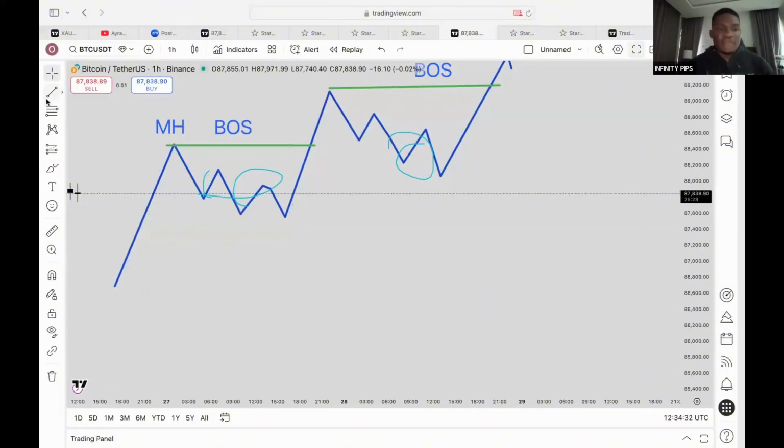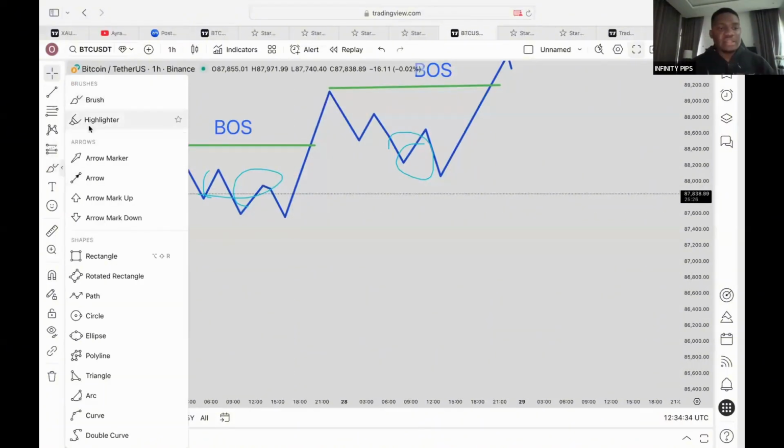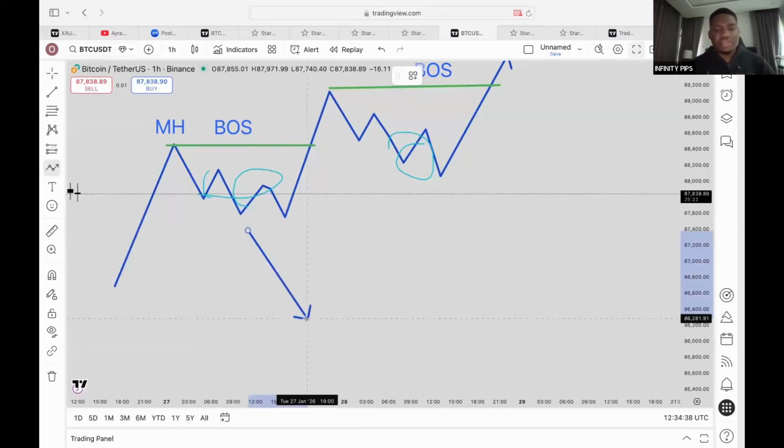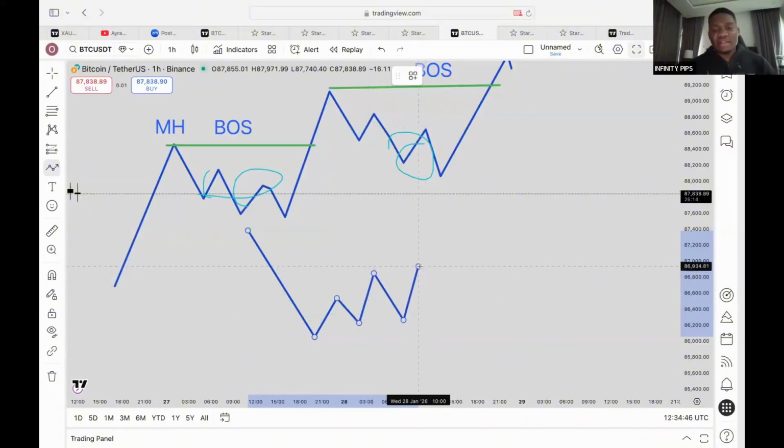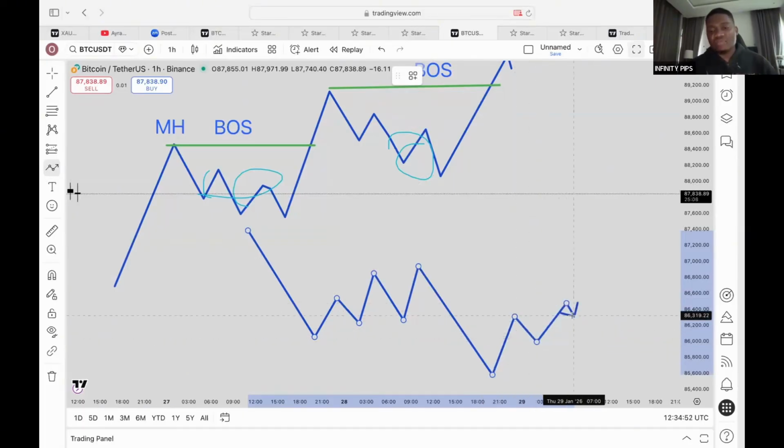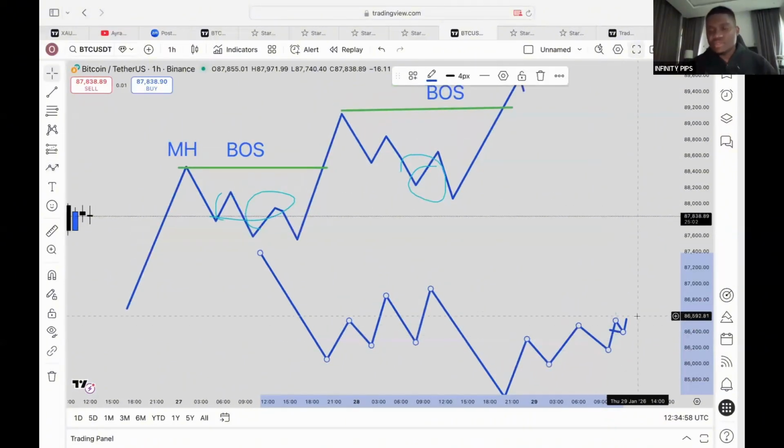A sell will start like this, obviously, and then it will do a small movement, small pattern, and then drop, right? And then it will come back again, do small movement, small pattern, small movement, and then drop, right?